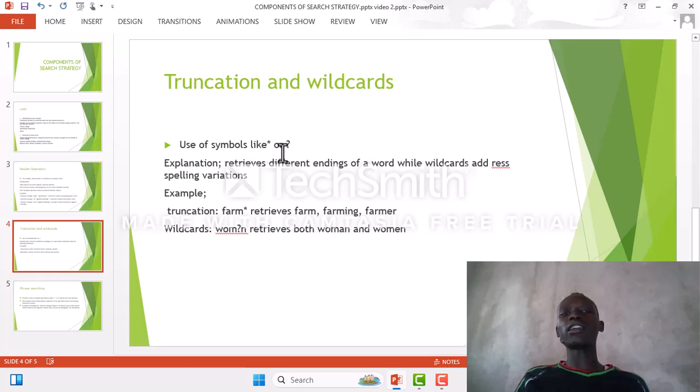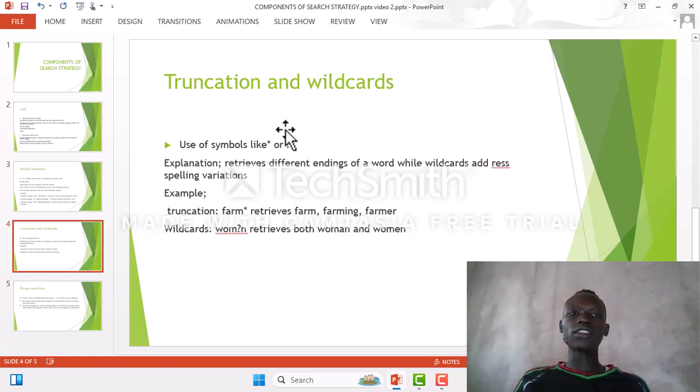Then on the wildcards, we always know it's a question mark. In the middle of WOM and N, we have put a question mark here, which means there is some letter in here that we have to put in place to make meaning of that information. That means it stands for both woman and women.